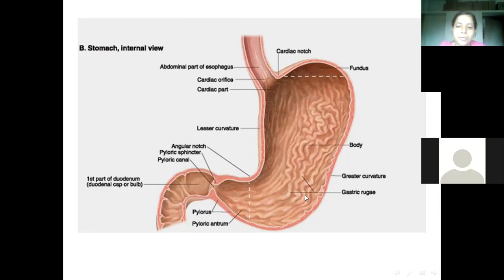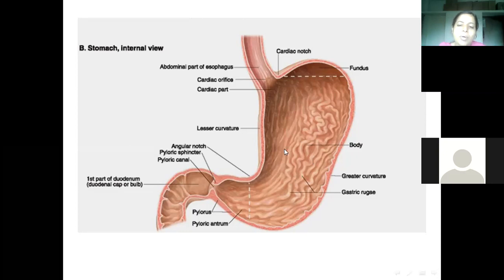These are all gastric rugae. When you look with a hand lens, the gastric rugae will show small holes. Those small holes are gastric pits. Gastric pits are the openings of gastric glands. When we see the histology of the stomach, of course I will discuss histology when the histology question comes.